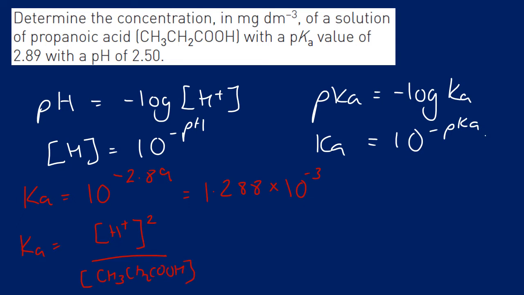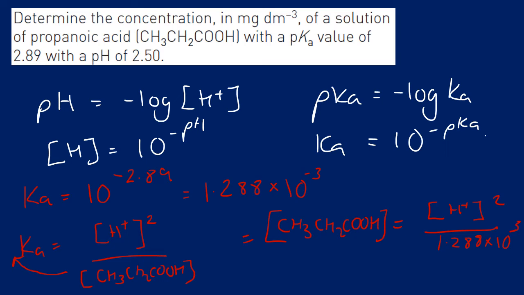If I rearrange this, bring this up here and bring Ka down, I'm going to end up with the concentration of CH3CH2COOH equal to the concentration of H plus squared divided by Ka, which I've already said is 1.288 times 10 to the minus 3.